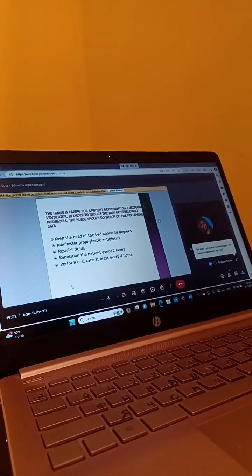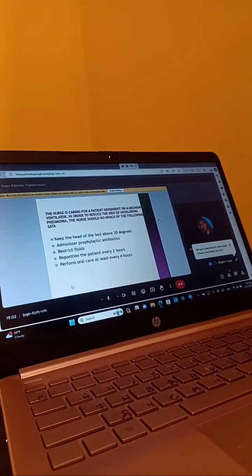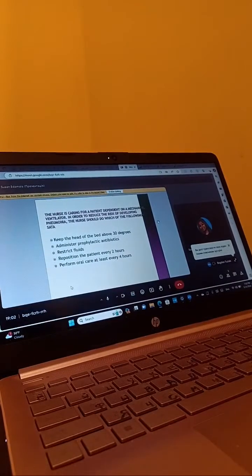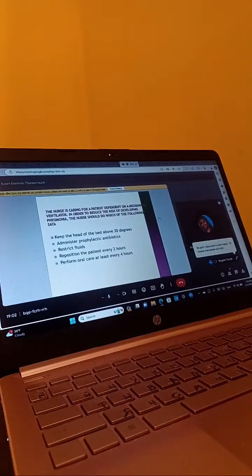Keep the head of the bed about 30 degrees. Administer prophylactic antibiotics. Restrict fluids. Reposition the patient every 2 hours. Perform oral care at least every 4 hours. So select all that apply.